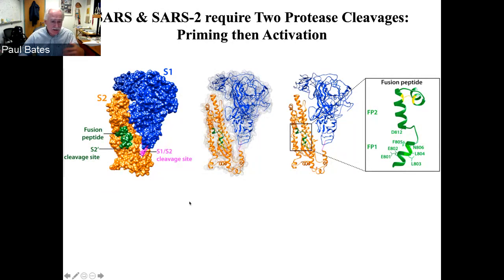So in the case of HIV, that would be GP41 or HA2. In the case of S2, the fusion peptide after the priming cleavage is not near the amino terminus. It's only after cleavage at the S2 prime site that the fusion peptide is actually near the amino terminus of the S2 subunit.